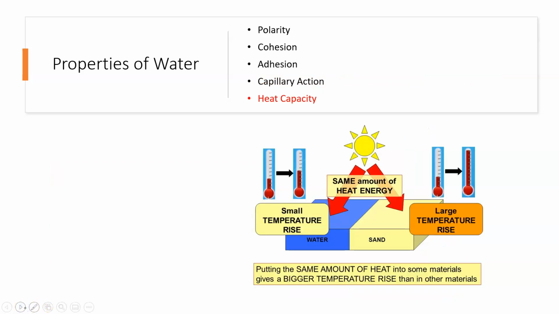And heat capacity. So, heat capacity is another really important property of water. Heat capacity is all about the ability of water to withstand a large amount of change by absorbing a lot of energy.